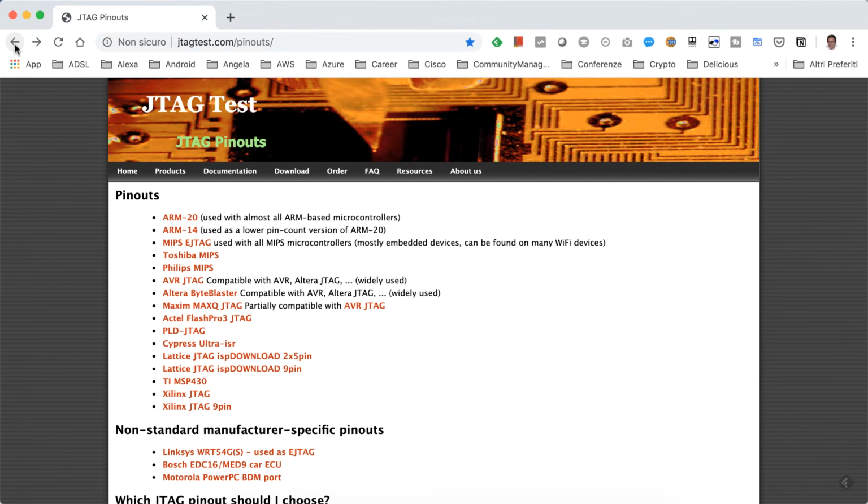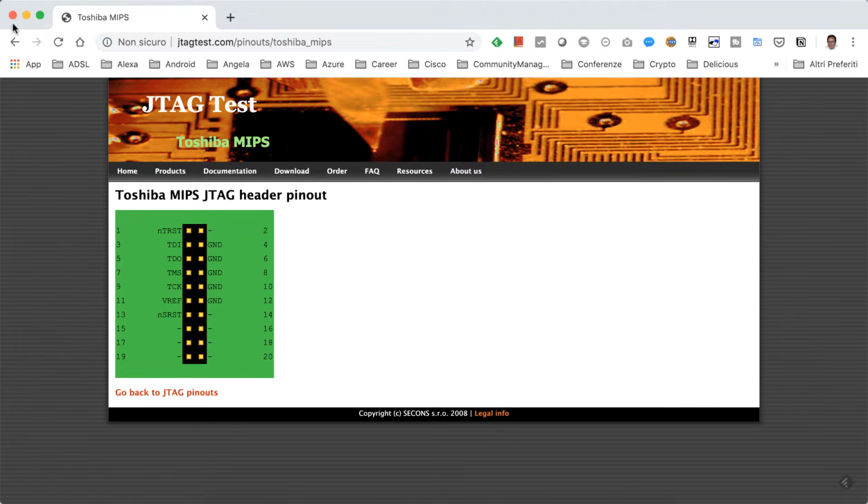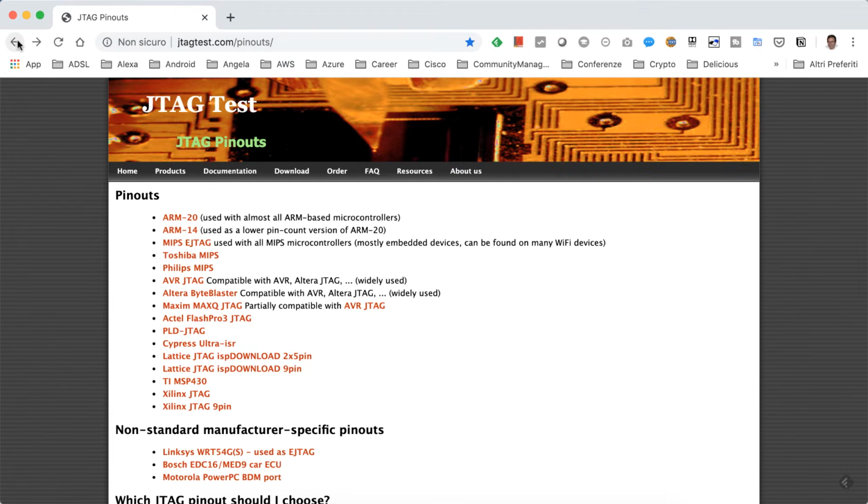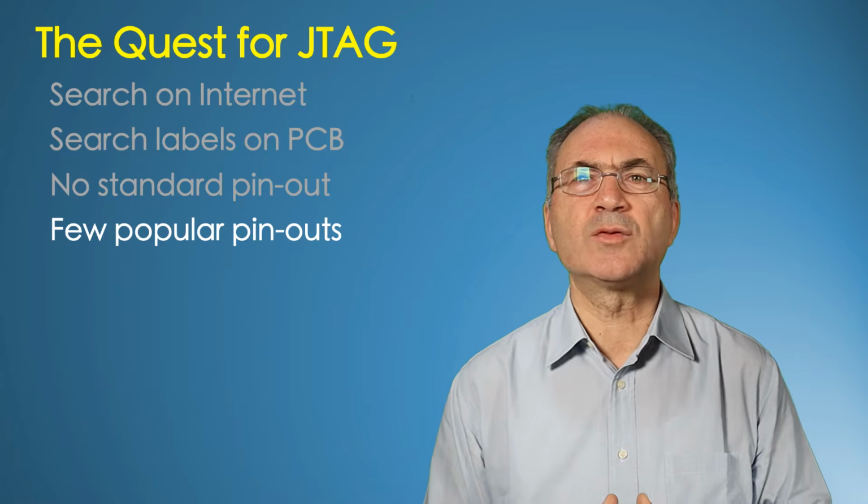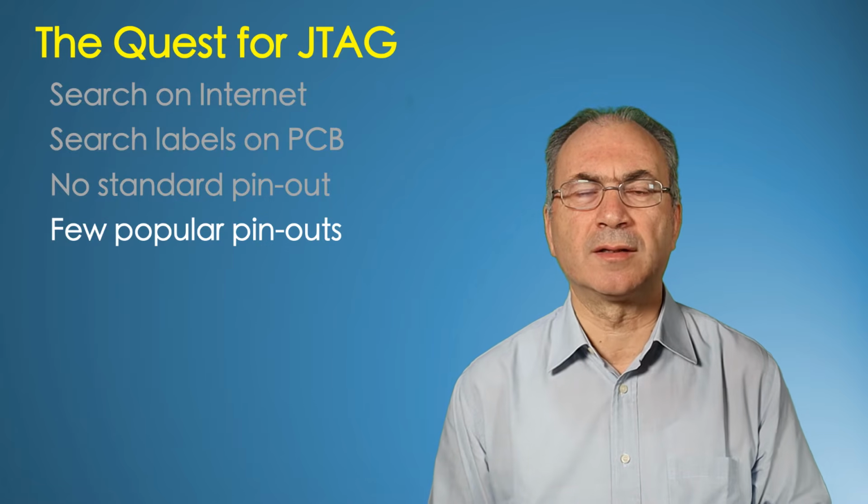Sometimes it's the system on a chip manufacturer that recommends a specific pinout. Sometimes it is the board manufacturer that prefers a specific pinout, and some other times the pinout is totally custom and it is not available on this website. Anyway, this website is a good starting point.